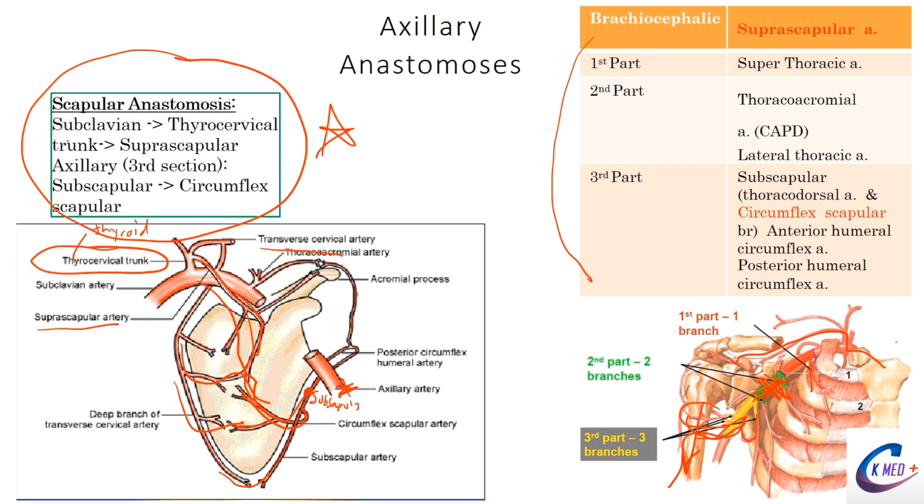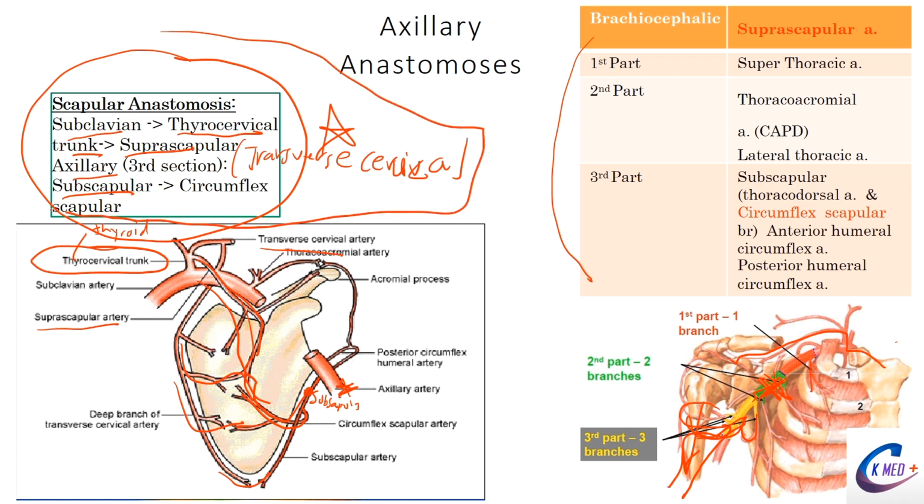Well, be looking for our subclavian, or a branch off the subclavian known as our thyrocervical trunk, which gives off our suprascapular artery or our transverse cervical artery, which then hooks up to our circumflex scapular, which goes to our subscapular, sorry, and then hooks up into our third part of our axillary artery and continues down to the arm.